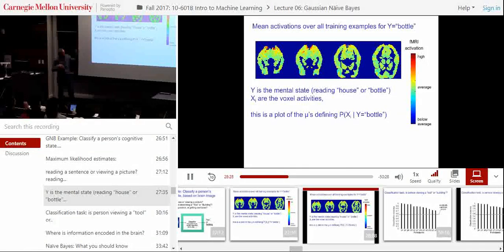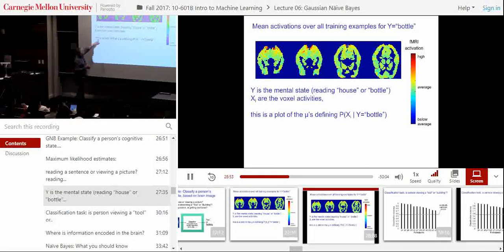By the way, the top of the picture is the back of the head, and this part is the front of the head. That's a detail. And then the color here in the picture tells how active the neural activity is in that part of the brain. So in some sense, decoding the mental state from observed brain activity is just an image classification problem.